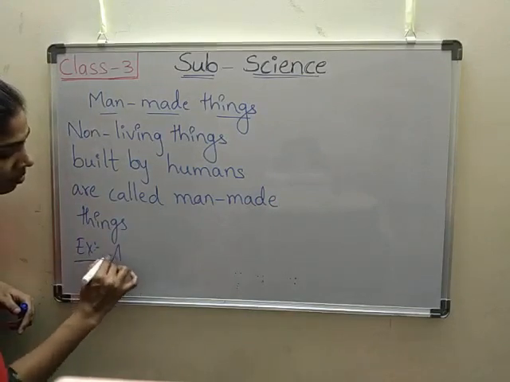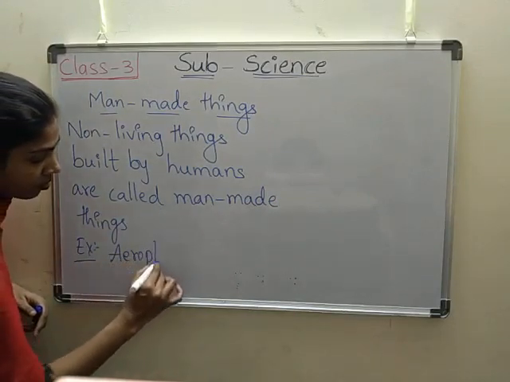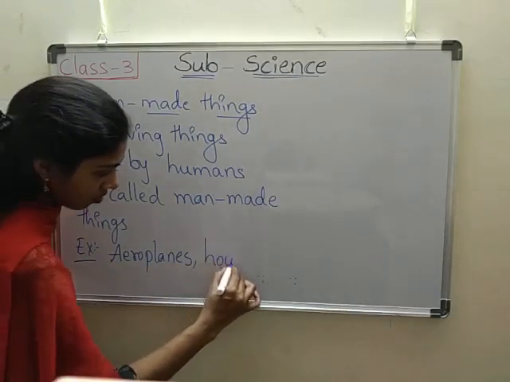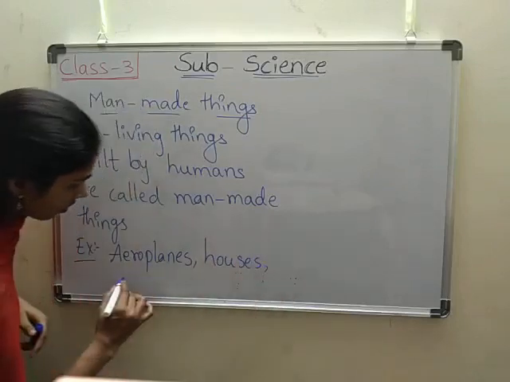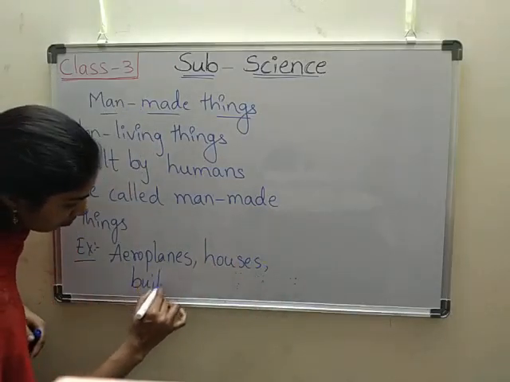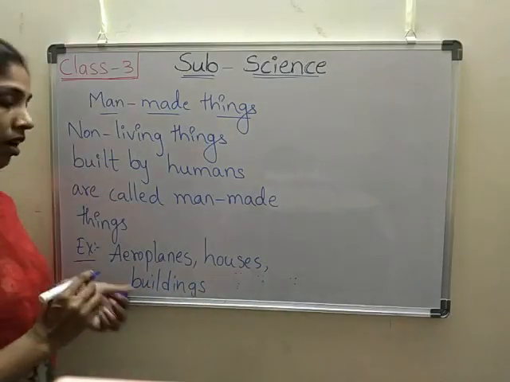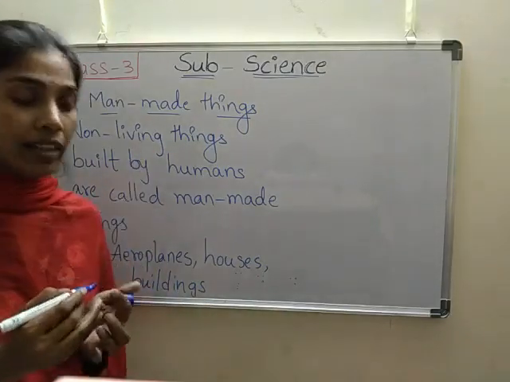Examples: aeroplane, houses, buildings are examples of man-made things.